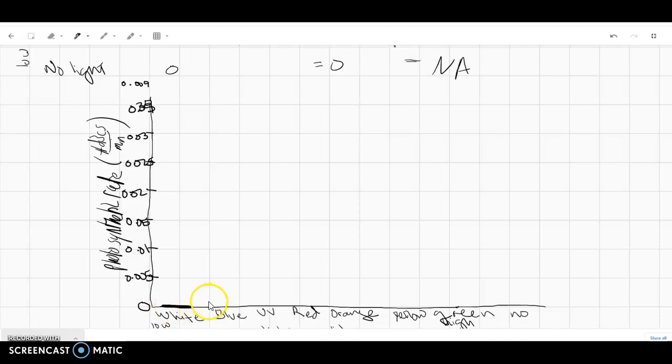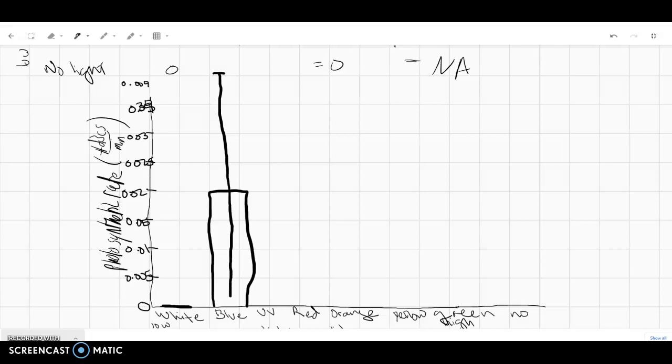Blue, we had a mean of 0.02. So we draw up to that, give us our bar, and then our standard deviation was 0.03, so we'd go up 0.05 up here, and down to 0. So it has a really large variation there.